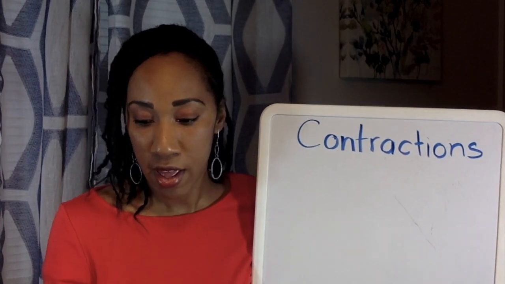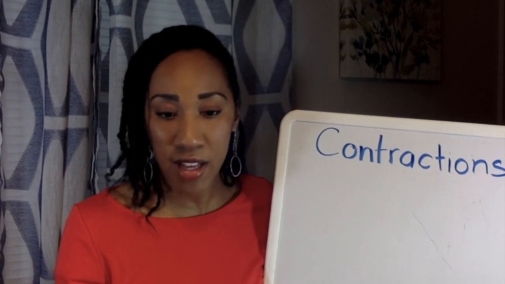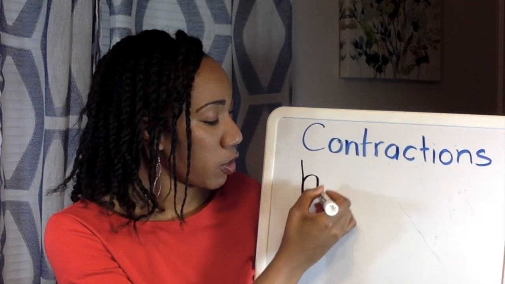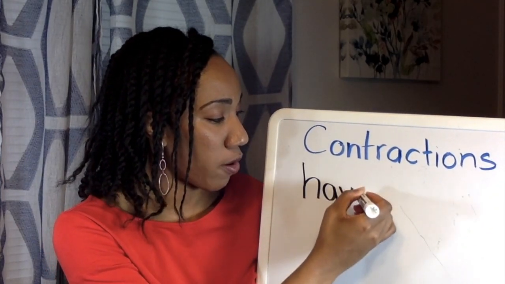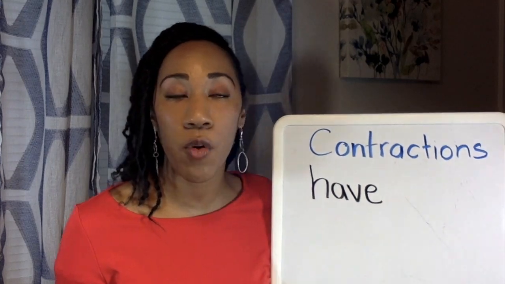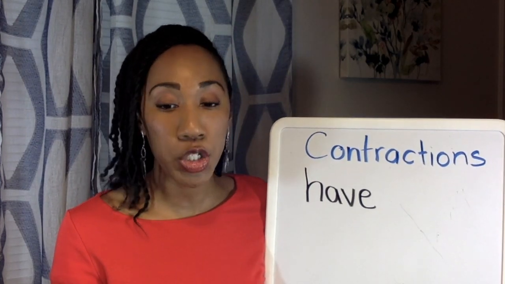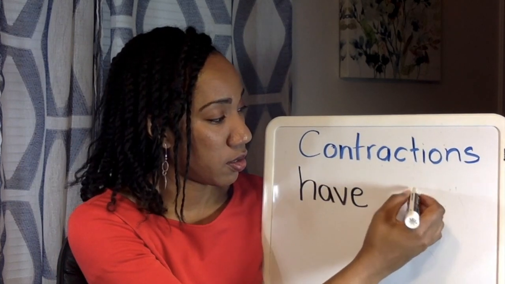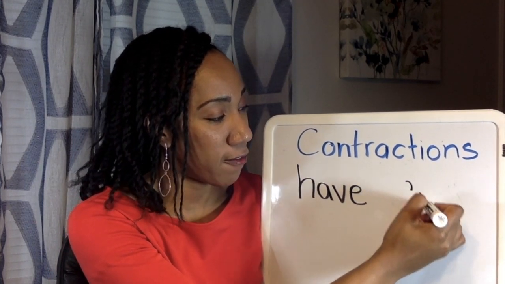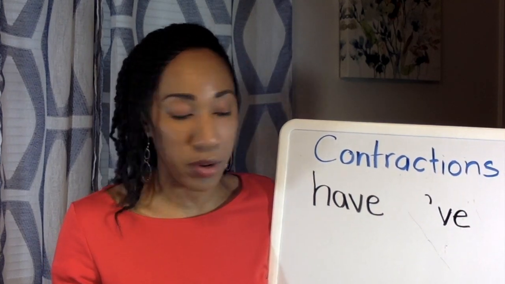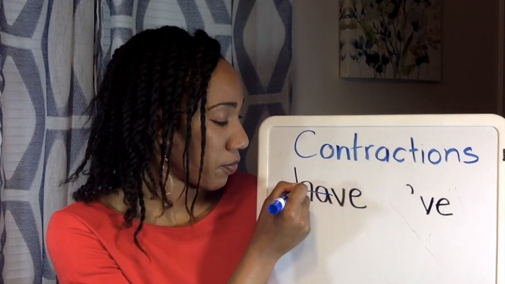So they gave us a couple at the top of the page inside of that green box, and it's letting us know that anytime you want to make a contraction with the word have, like we have or they have or I have, you're going to use apostrophe V-E, which means that you are going to be getting rid of the letters H-A, okay?